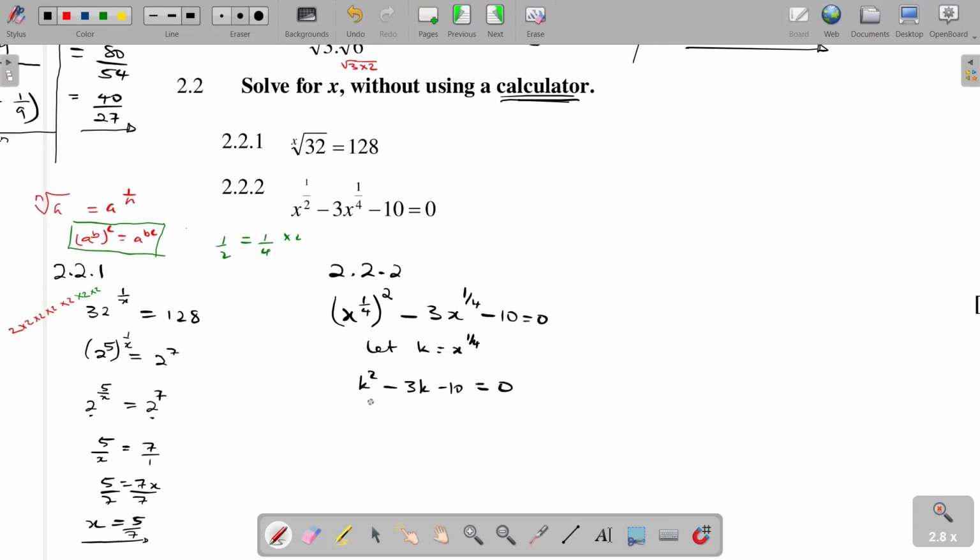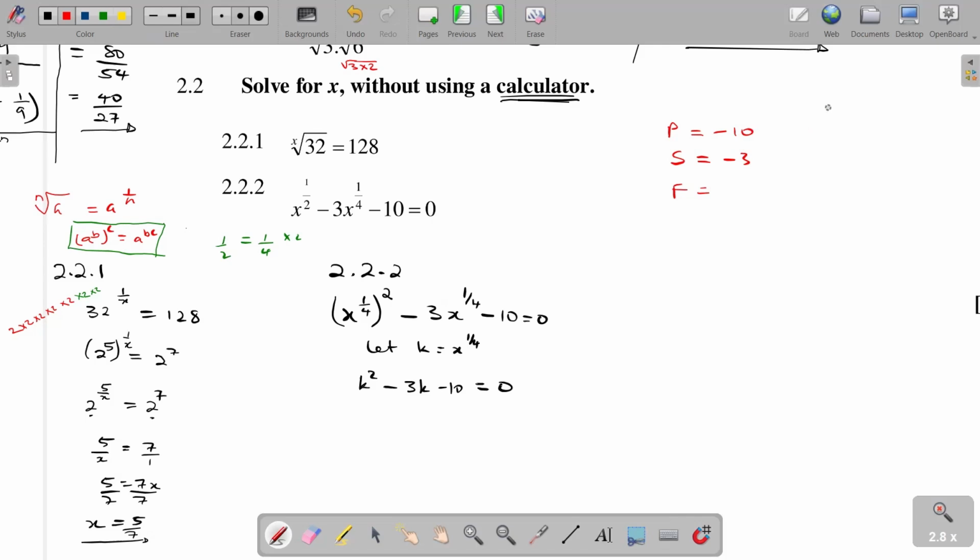How do we factorize this? For factors, we need the product, which is the coefficient of k squared times the constant, so 1 times negative 10 gives negative 10. The sum is the middle term, which is minus 3. We want two numbers that, when multiplied, give negative 10, and when added, give negative 3.